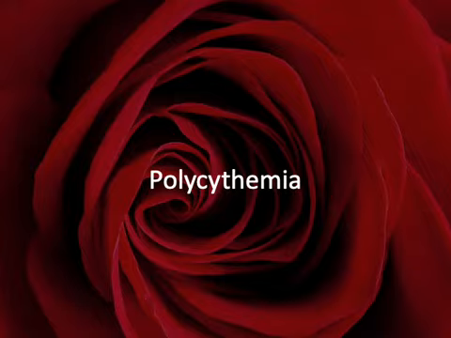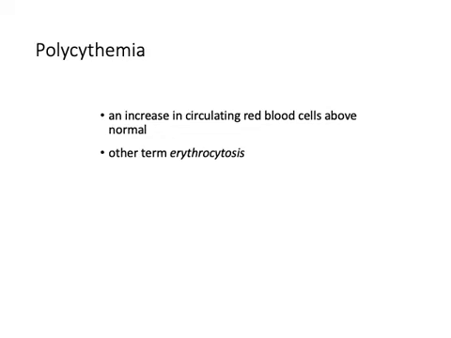Polycythemia is defined as an increase in circulating red blood cells above normal. Another term used is erythrocytosis. However, strictly speaking, erythrocytosis refers to an isolated elevation in your red blood cells, while polycythemia refers to the increase in all blood cells: white cells, red cells, and platelets.